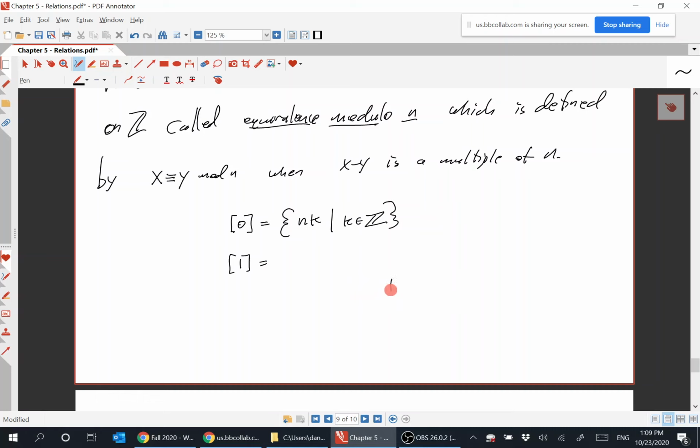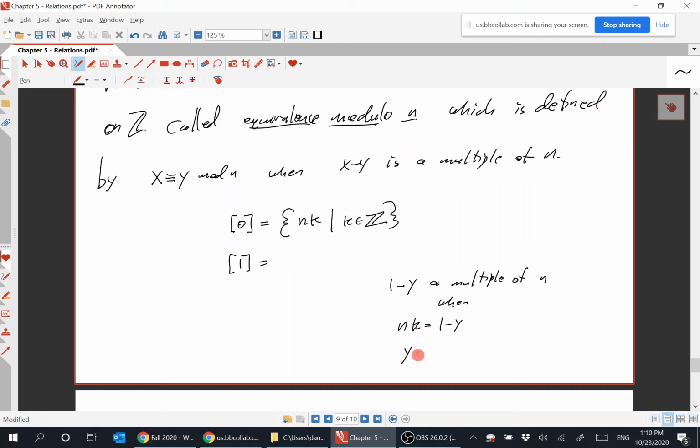Now, when is 1 minus y a multiple of n? When n times k is equal to 1 minus y. Right? That is, the negative of it anyway, let me see if I can do it a different way.